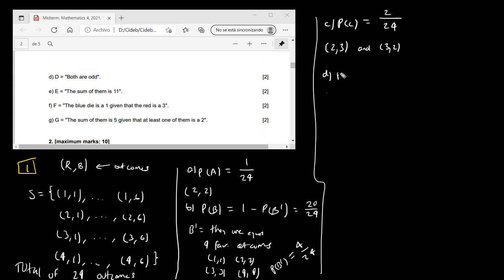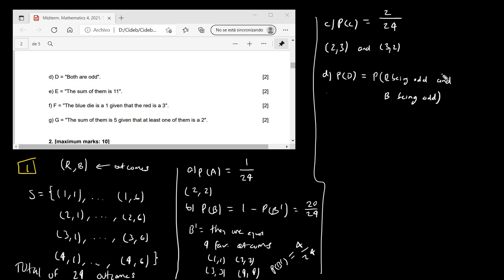Find the probability of event D. Both are odd. This probability can be obtained in this way. That's the same as the probability of the red being odd and the blue being odd. So it's the probability of an intersection.